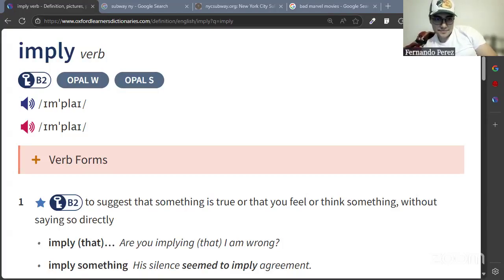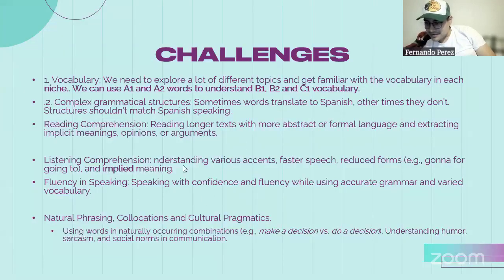What is this? Collocations is using words in a natural way, understanding your humor, sarcasm. You are not watching my screen, I'm sorry. Natural phrasing, collocations, and cultural pragmatics.